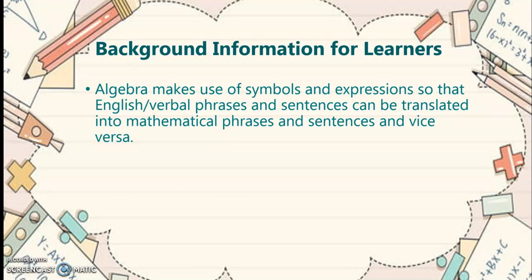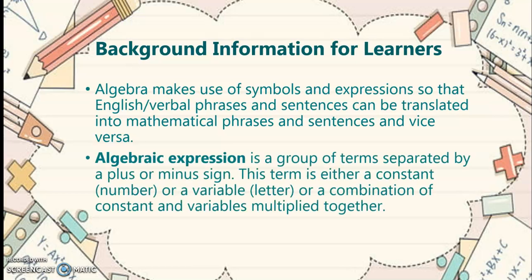Instead, we use letters. Here, an algebraic expression is a group of terms separated by a plus or minus sign. This term is either a constant or number, or a variable, a letter, or a combination of constant and variables multiplied together. So an algebraic expression is a group of terms separated by the symbol or operation of plus or minus.